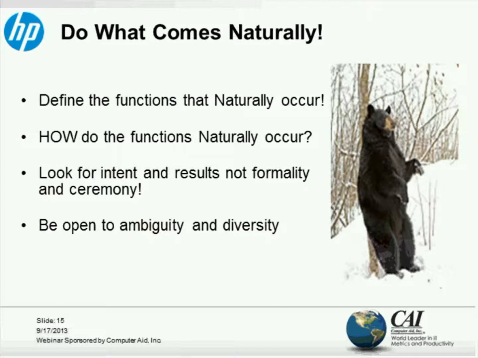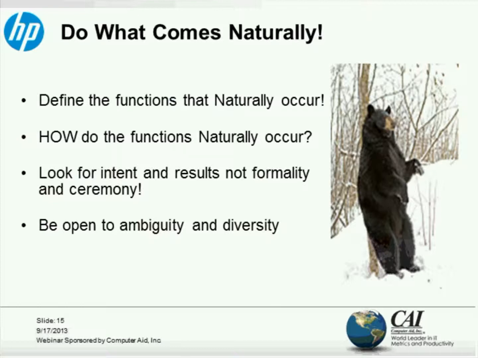And building on that understanding, then, you really want to understand what comes naturally. Define the functions that naturally occur. So when I say functions that naturally occur, I talked about configuration management earlier. And configuration management is a good example of that. It's called many things in many different places. It naturally occurs in most organizations.